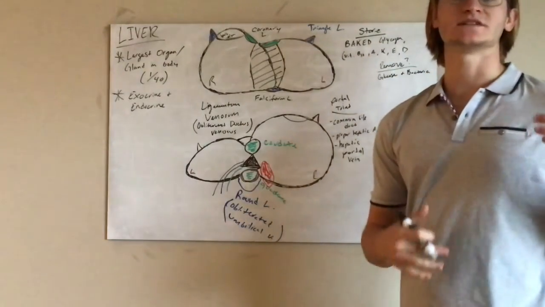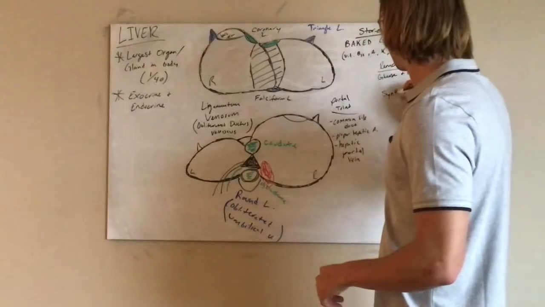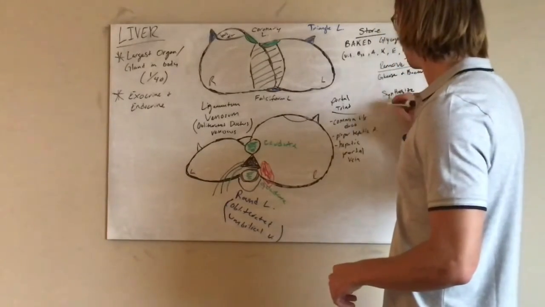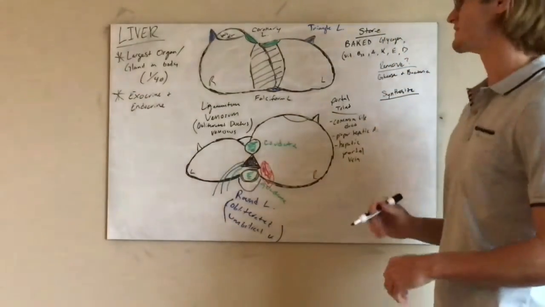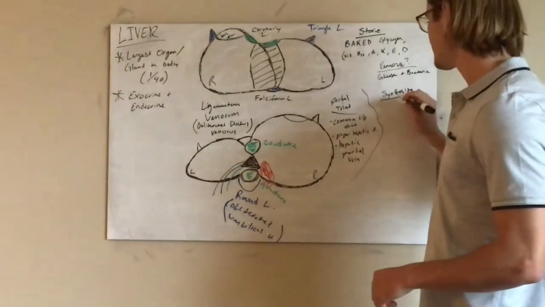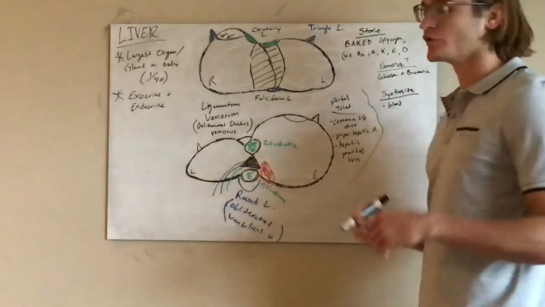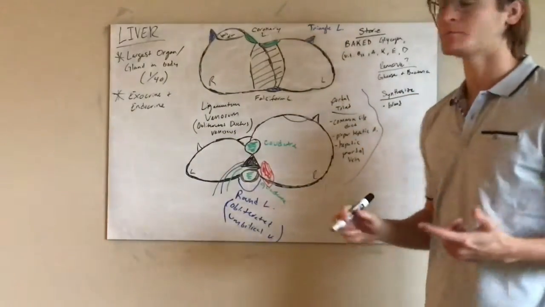Now let's think about what it synthesizes. So synthesis. It's going to synthesize blood, both monocytes and lymphocytes.